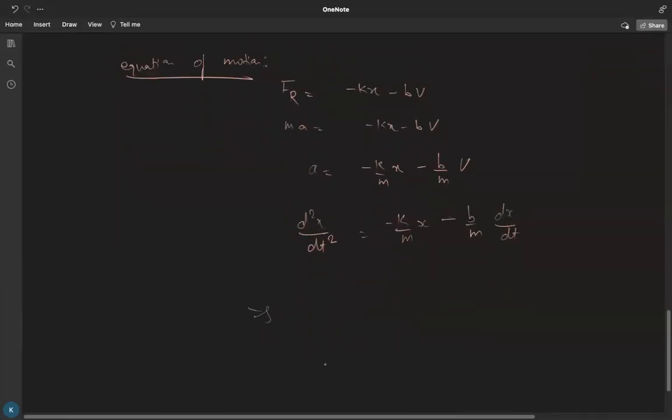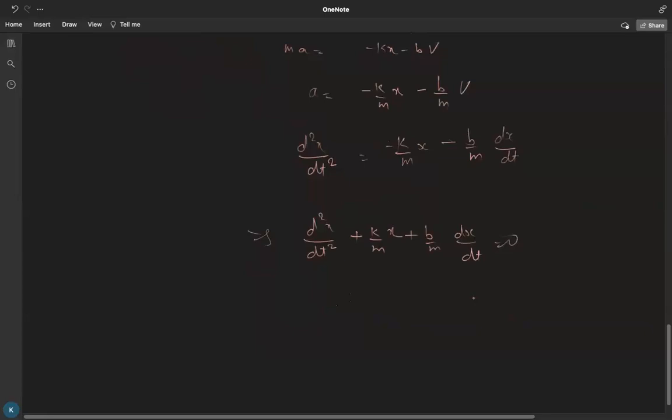So we can also write it as d square x by dt square plus k by m into x plus b by m into dx by dt is equal to 0, right? This is a differential equation.